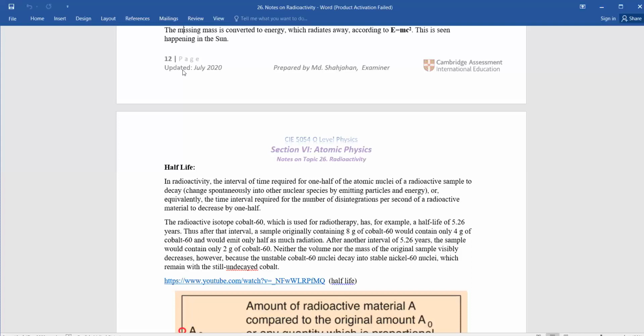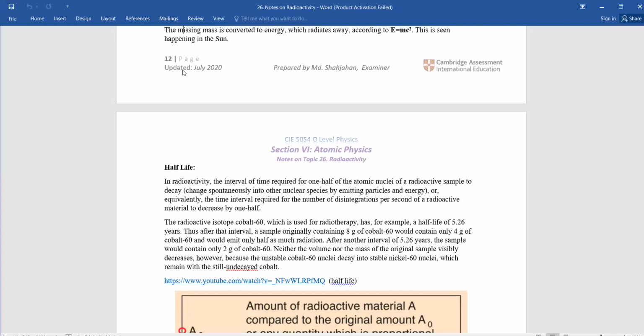In radioactivity, the interval of time required for one half of the atomic nuclei of a radioactive sample to decay into other nuclear species by emitting particles and energy, or equivalently the time interval required for the number of disintegrations per second of radioactive material to decrease by one half.